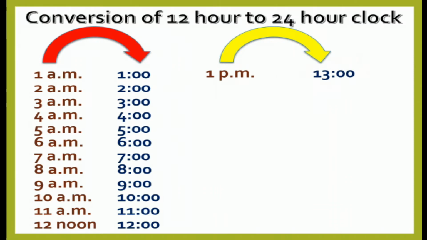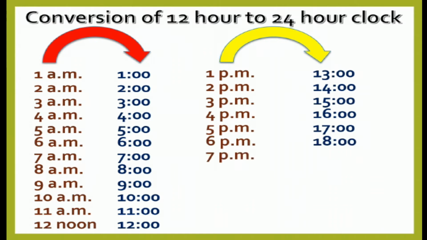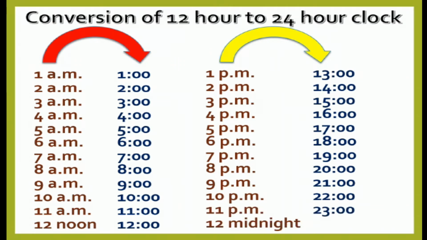Then 2 PM we will write as 14 hours, 3 PM as 15 hours, 4 PM as 16 hours, 5 PM as 17 hours, 6 PM as 18 hours, 7 PM as 19 hours, 8 PM as 20 hours, 9 PM as 21 hours, 10 PM in the same way as 22 hours, and 11 PM as 23 hours.